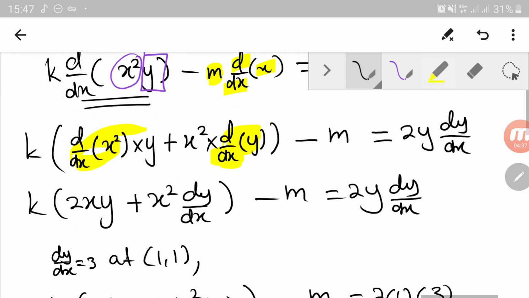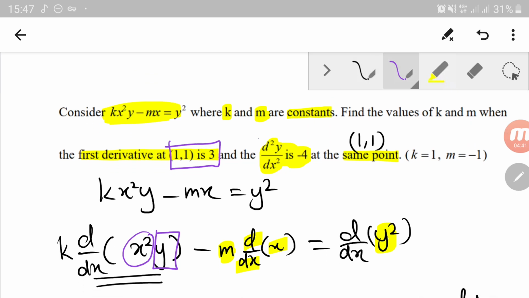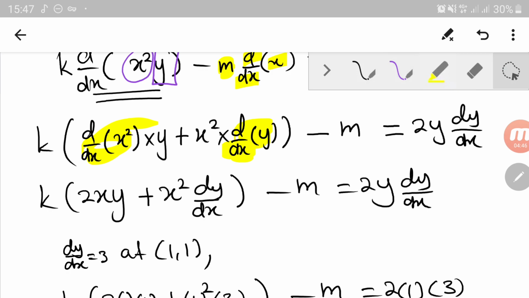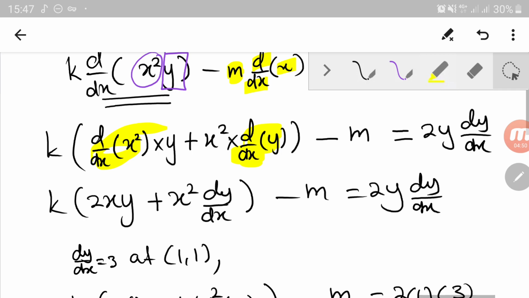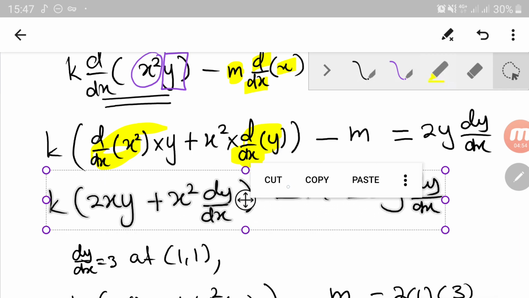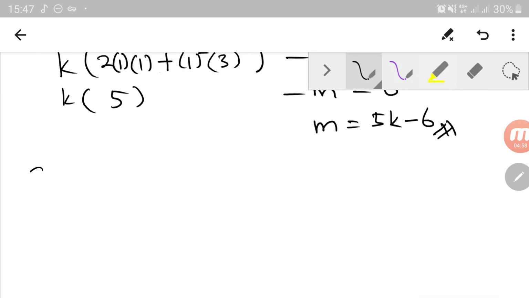Okay, so this is m as a function of k. Now we have to find the second derivative. It's easier to get the second derivative from this one, but we have to adjust it a little bit.